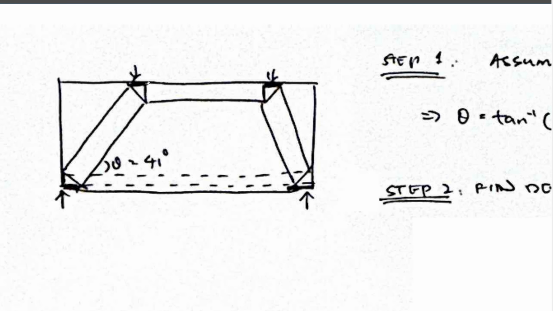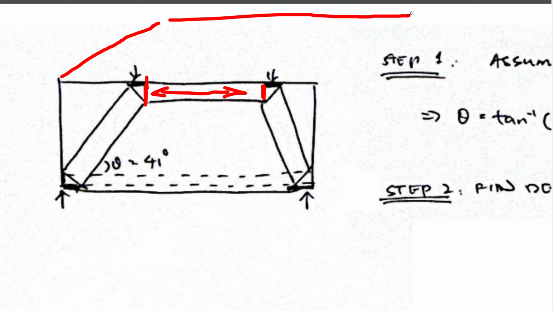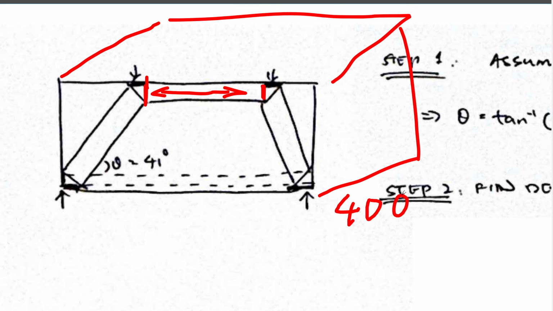Looking at this little width here, the force is pushing outwards, trying to kick out, so this face is subject to compression. We already know the length of that face, which is the width of the beam, 400.